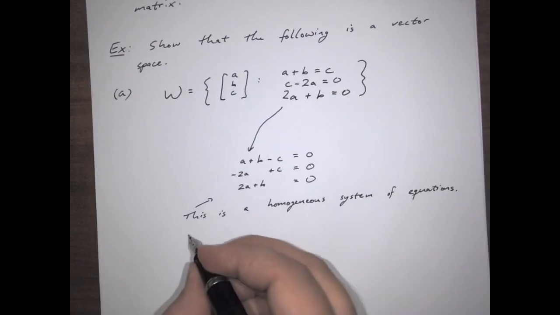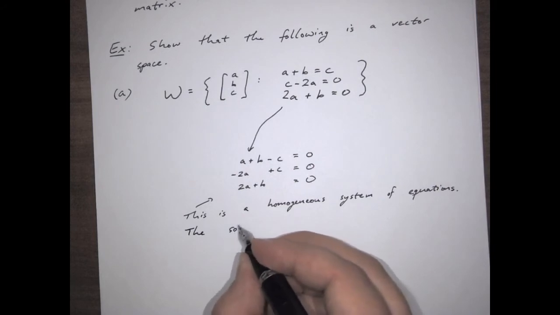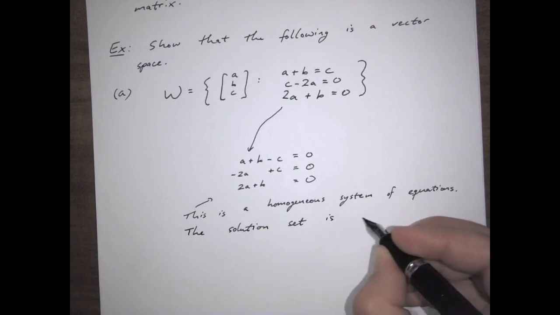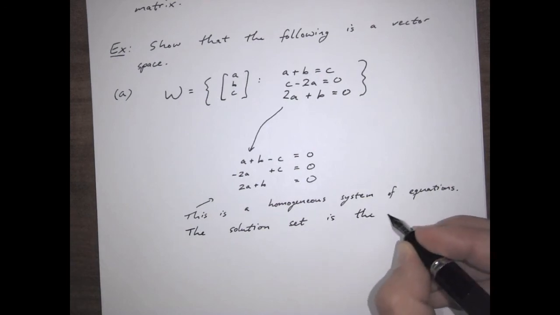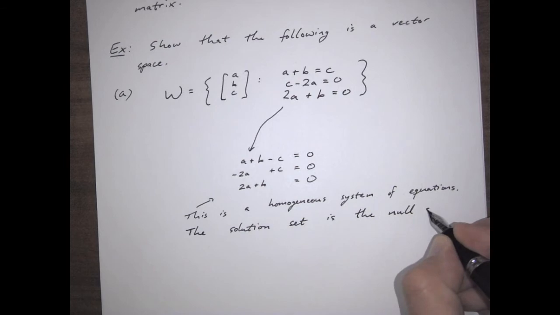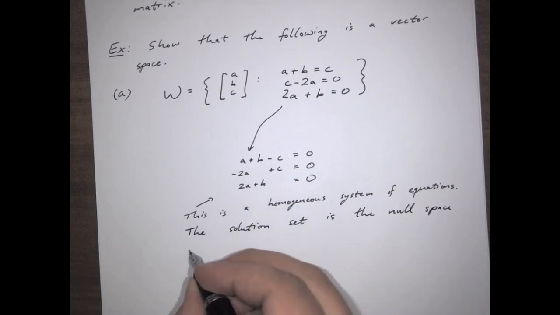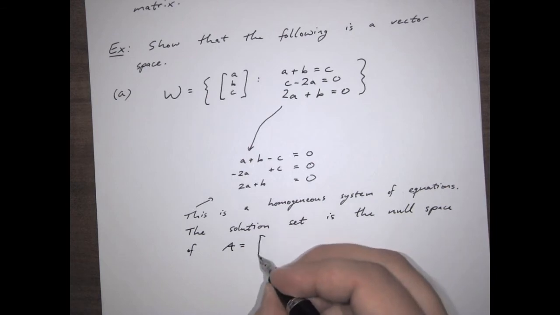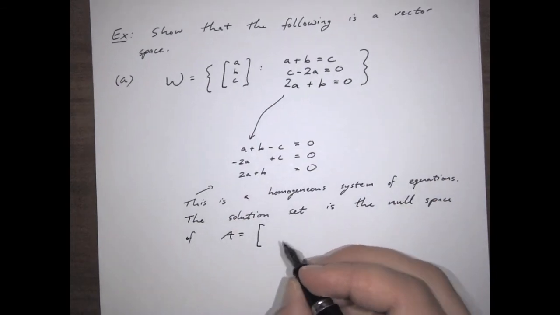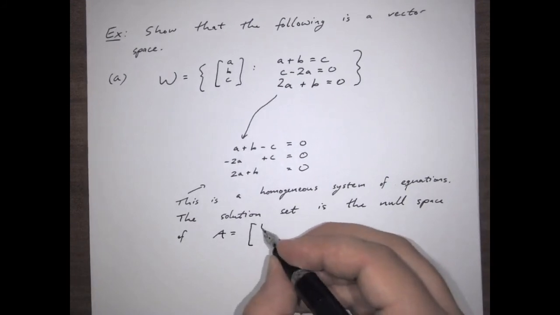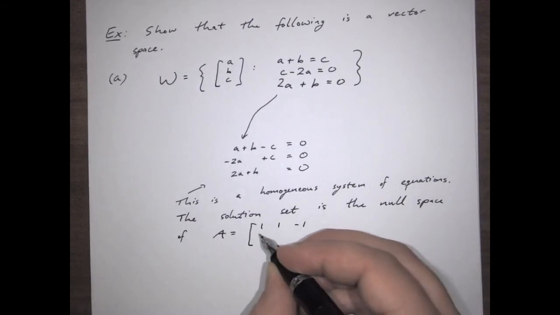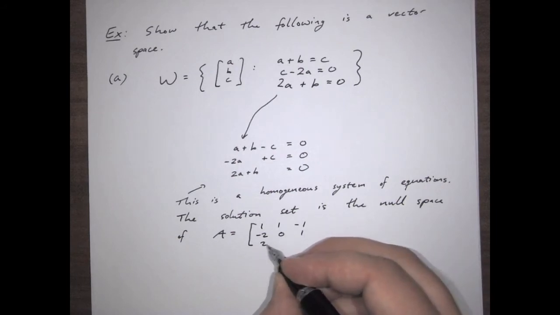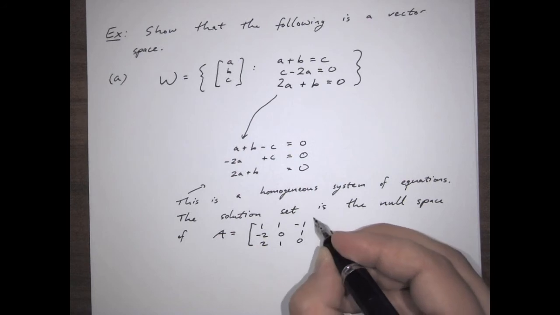In other words, the solution set is the null space of A, which equals, and here would just be the coefficients of a, b, and c. So it'd be 1, 1, negative 1; negative 2, 0, 1; and 2, 1, 0.